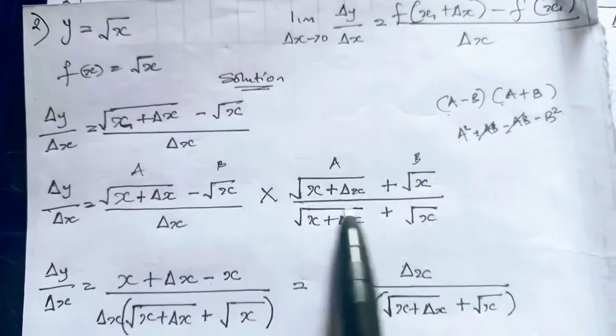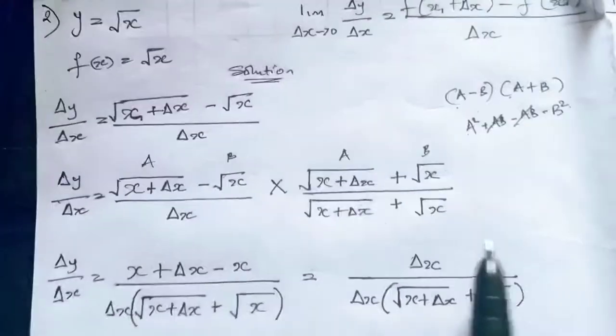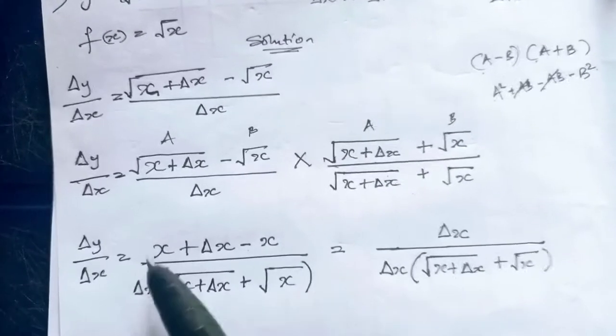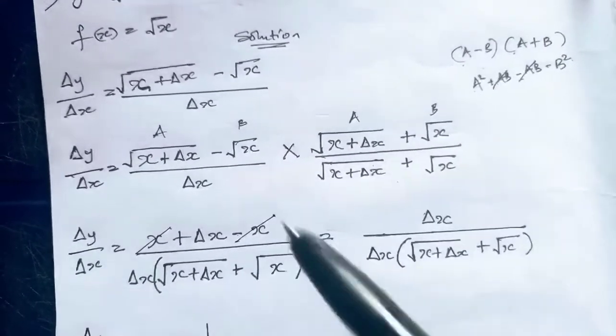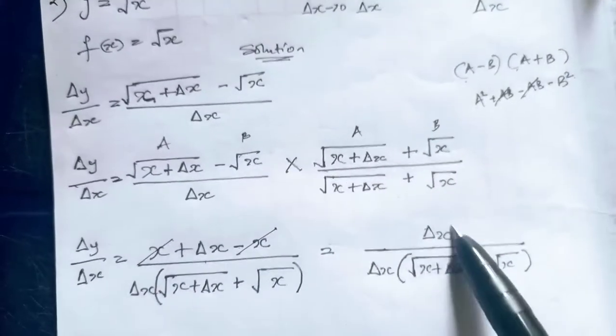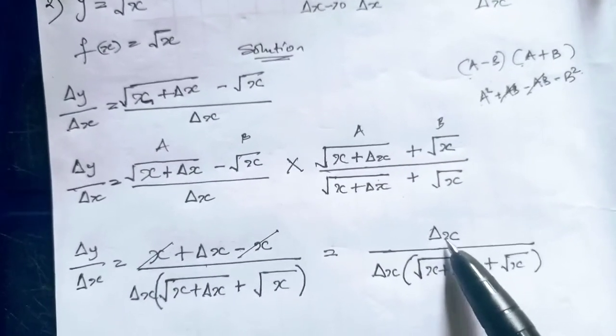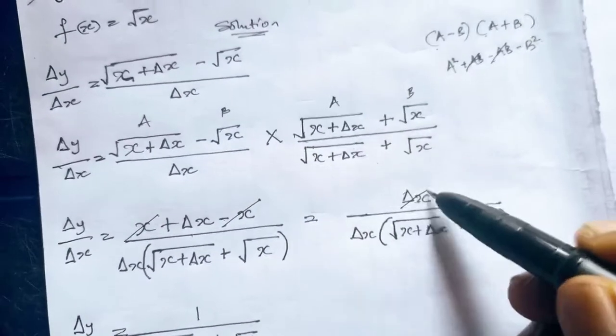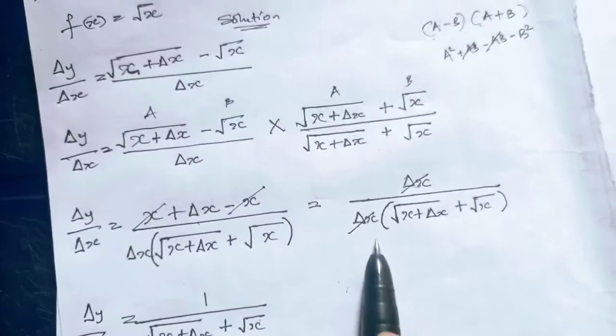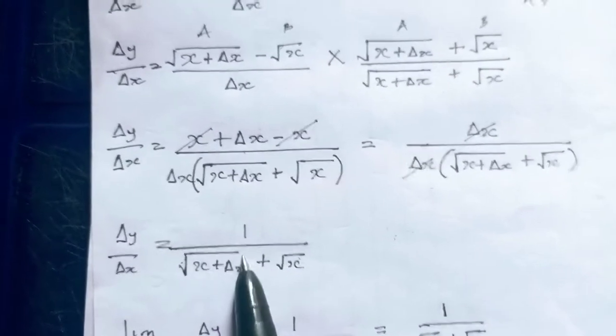My change in x multiplied by this same quantity here. And now we can see that in this step here, this is a positive x. It cancels out a negative x, leaving me with change in x in my numerator here. And we can also see here that my change in x in my numerator cancels out my change in x in my denominator, leaving me with this nice looking quantity here.